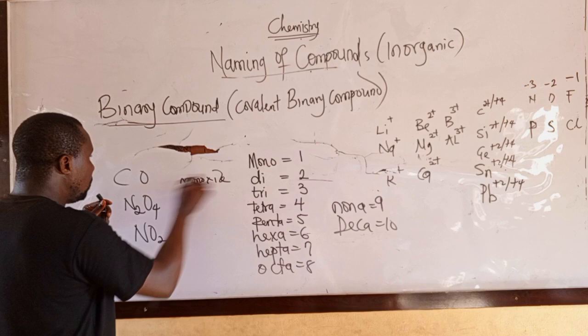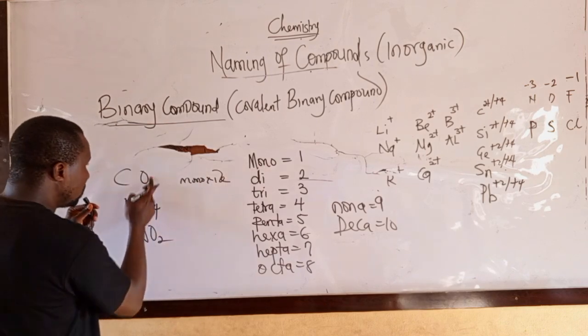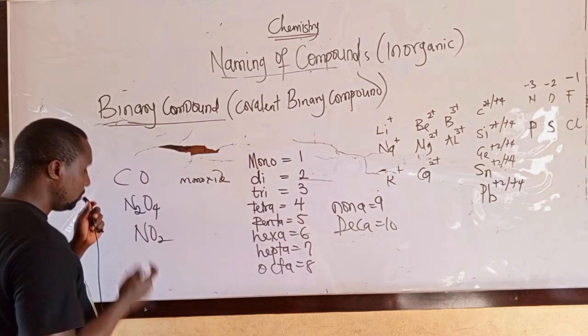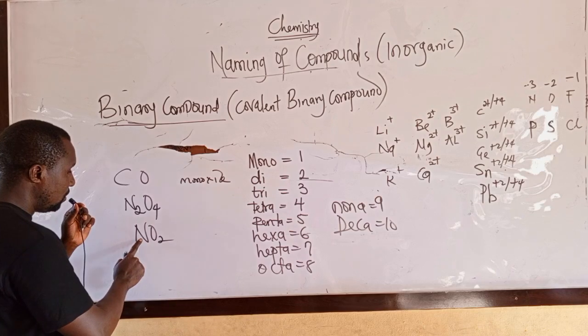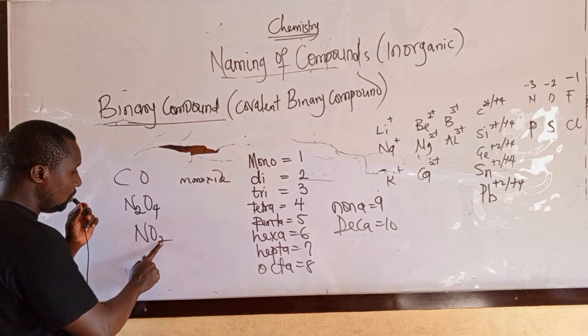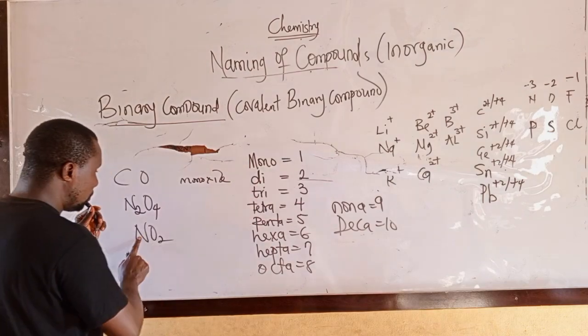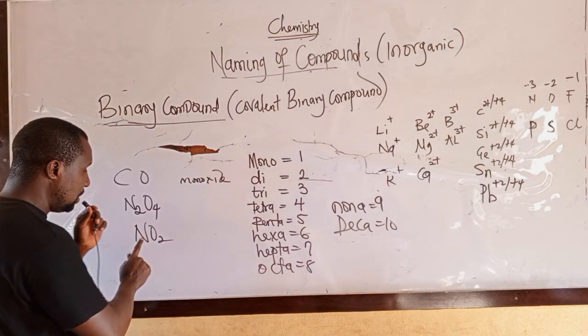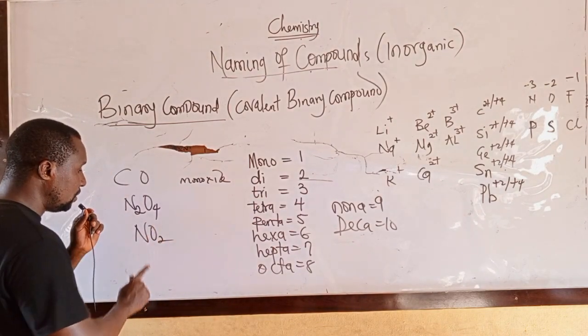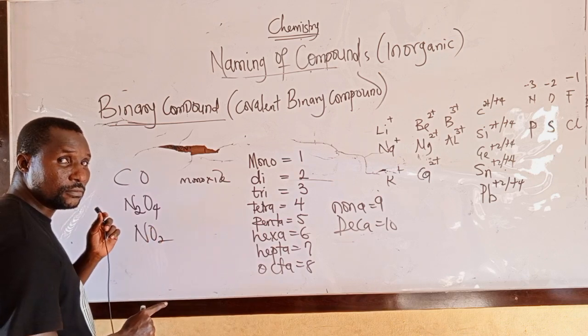Monoxide means that we have one oxygen. Carbon monoxide. Look at this: nitrogen, oxygen is 2. Nitrogen dioxide.